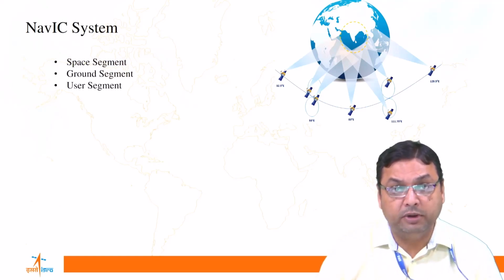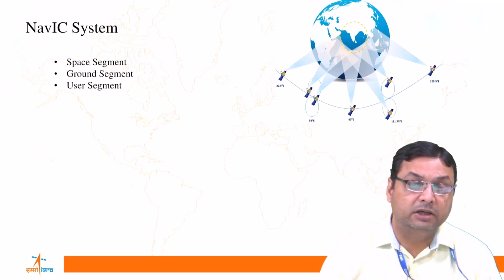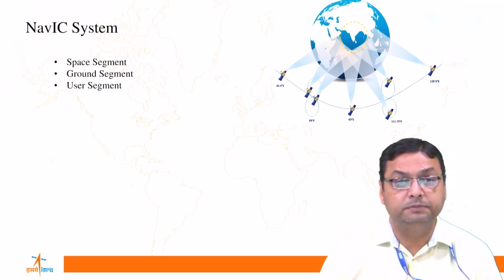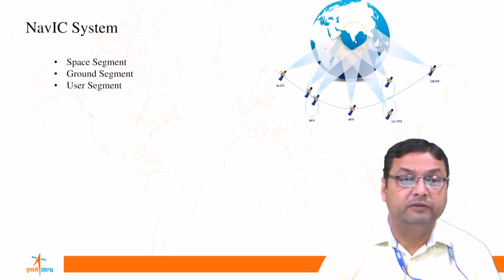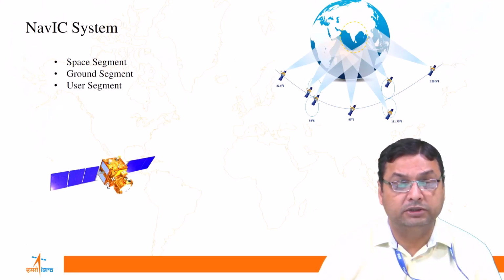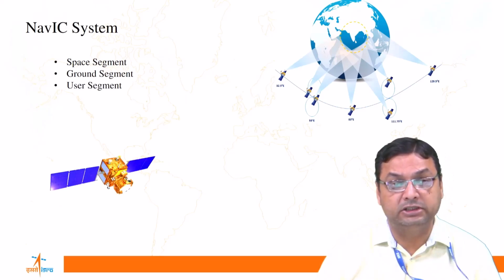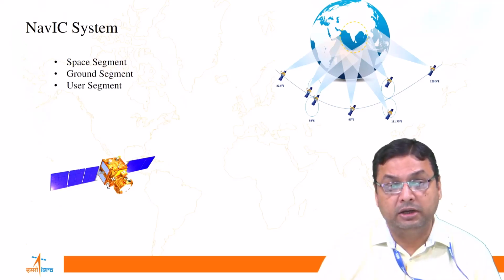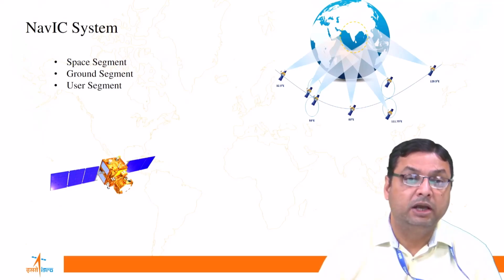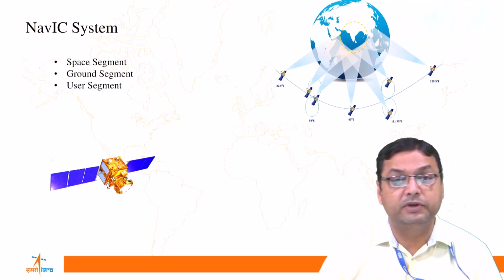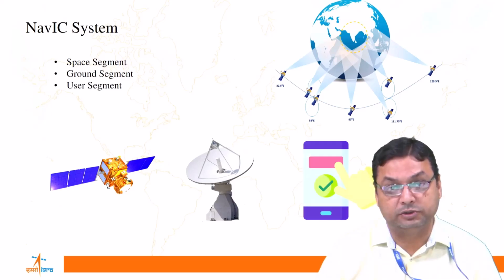NAVIC is another important contribution besides the Gagan into the GNSS system. In the space segment of NAVIC, we have 7 satellites, and we have a ground segment all across India. We have reference stations, ranging stations, and we have the user segment in the Indian landmass, and the services are available up to 1500 km beyond the Indian region also.